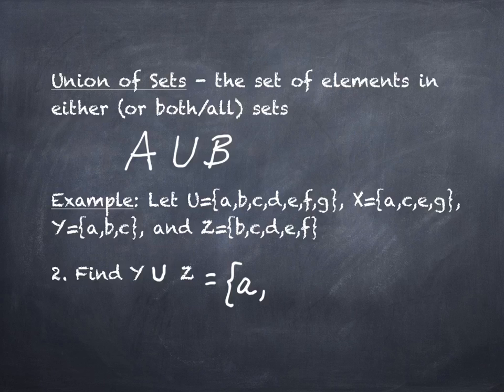So we have A through F. A, B, and C, which were all in Y. B and C were also in Z. And then we've got D, E, and F because they were present inside of Z. Almost the whole set in this case, right? Almost the whole universal set U. Not quite, but almost.